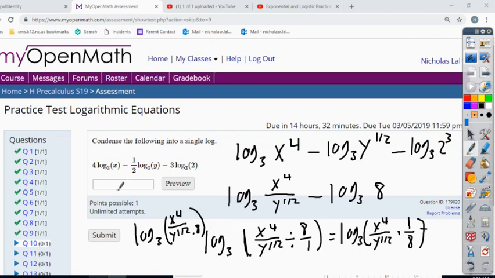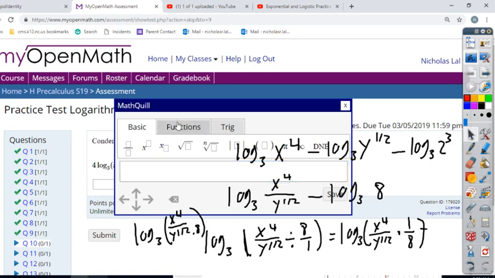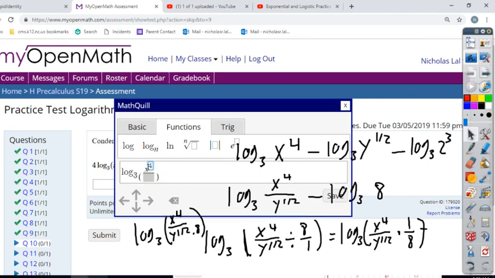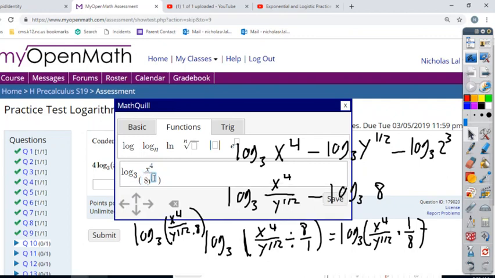So when I put in my answer, I'm going to enter functions, log base, the log base 3 of x to the 4th over 8y to the 1/2.